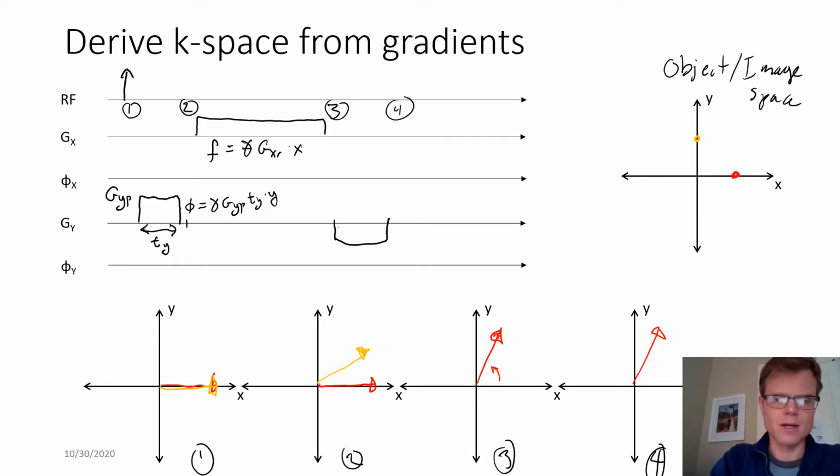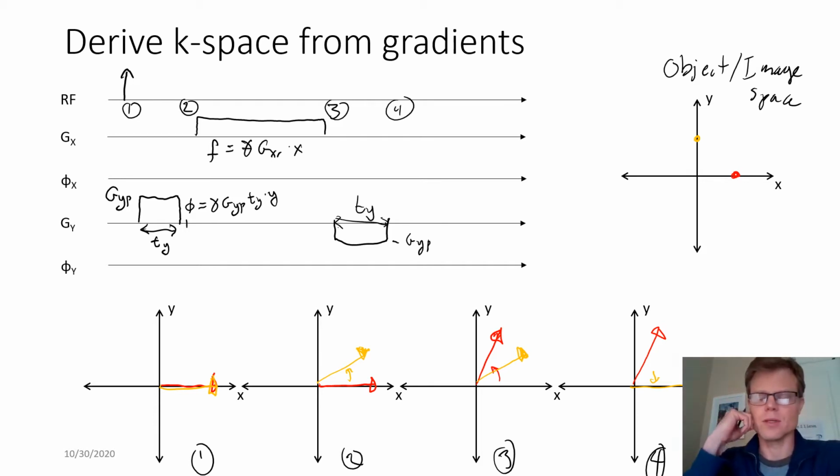But when it comes to the gx gradient, this has no effect. And then, as in the previous example, this final y gradient is going to rotate it back to its original position. So we're basically unwinding the phase in y.